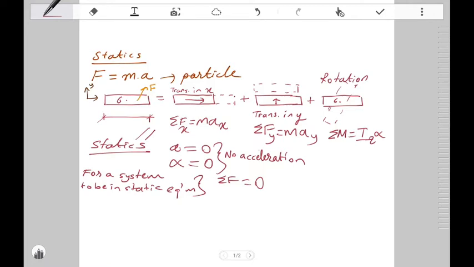Sum of forces in the x direction must be equal to 0. And of course, sum of forces in the y direction again must be equal to 0. And these equations must hold at any point in the structure, and sum of moments must be equal to 0. So this gives us three equilibrium equations.